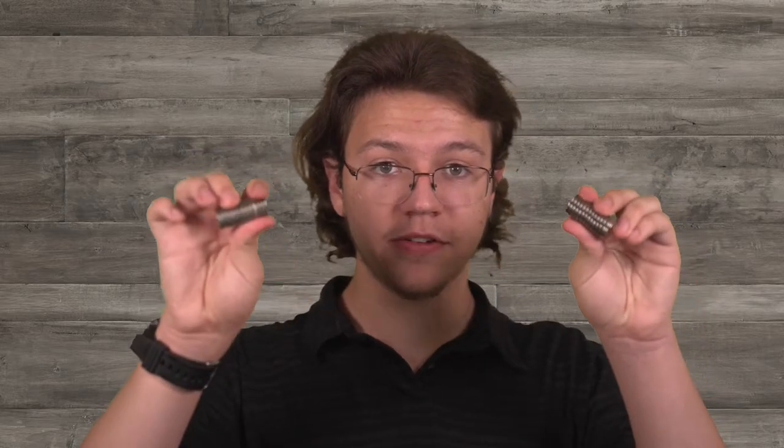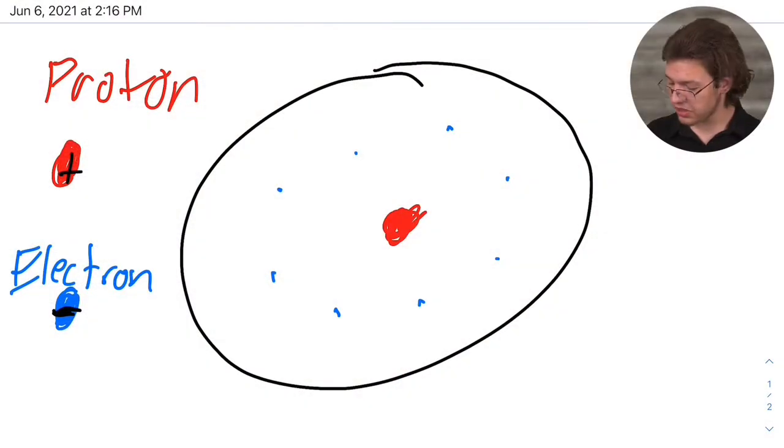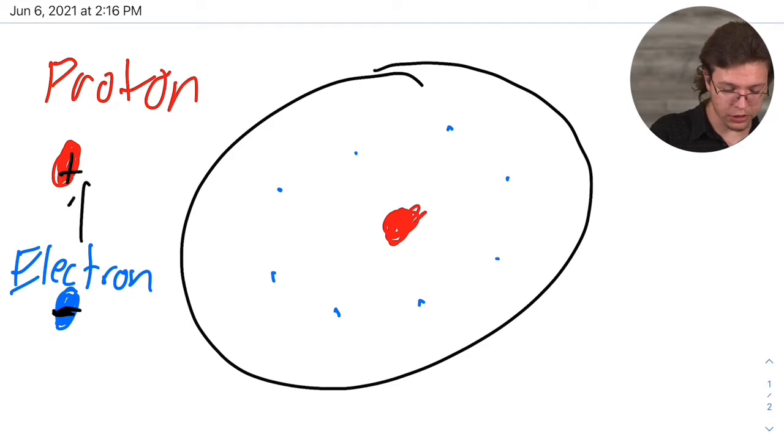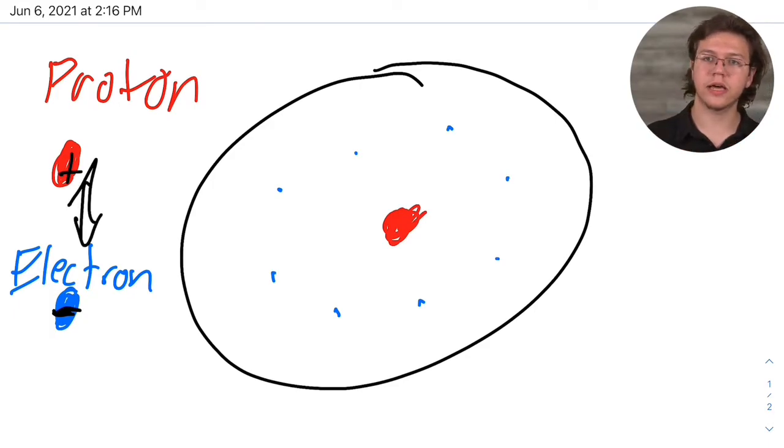But if you put like charges together, a negative and a negative side, they don't want to go together, right? And it's the same thing with protons and electrons. One has a positive charge and one has a negative. These positive and negative charges like to go next to each other. They like to stick together. They're attracted to each other, you could say.